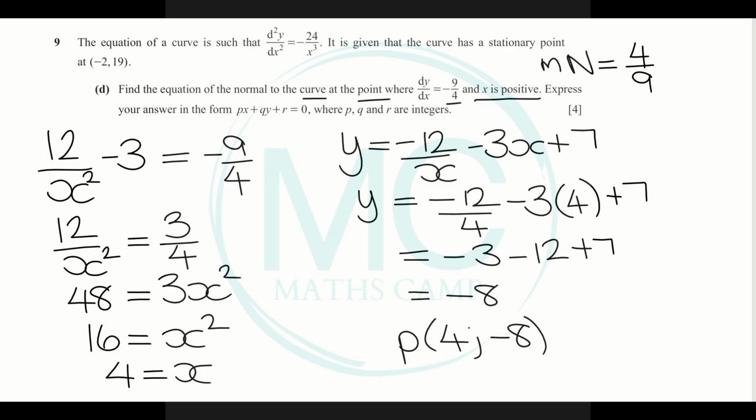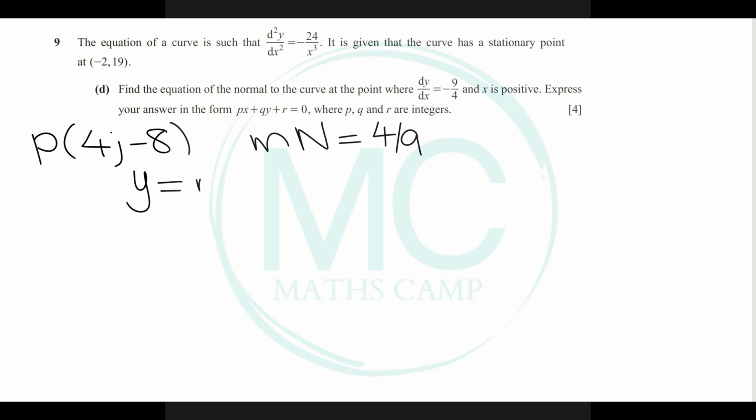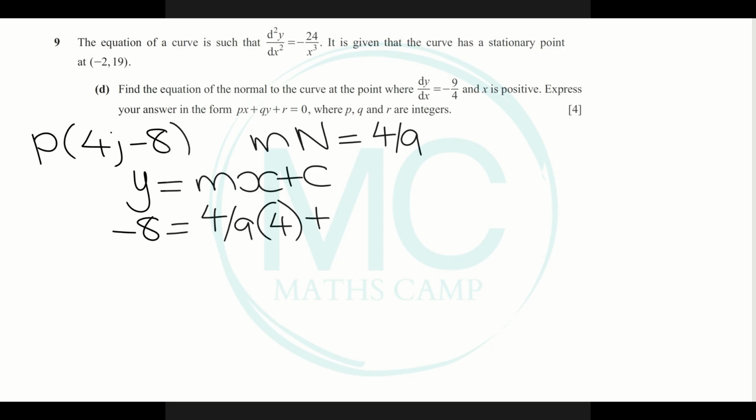Now we can make some space. Our coordinates for our point are 4, negative 8, and the gradient of the normal is 4 over 9. The normal is a straight line, so we're going to use the equation y is equal to mx plus c. We need the value of c, so let's input our known values. The y-coordinate is negative 8, so we have negative 8 is equal to m, 4 over 9, multiplied by x, which is 4, plus c.